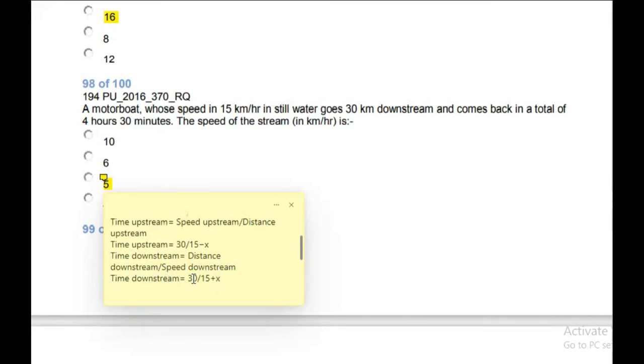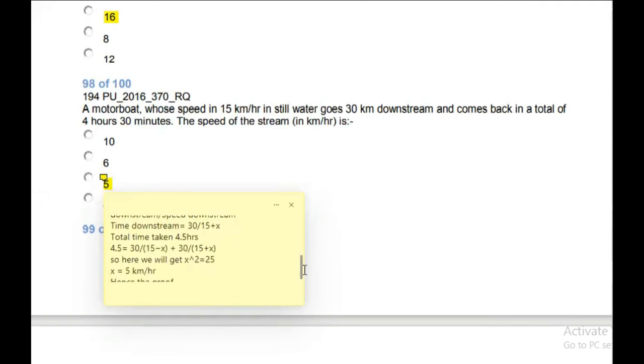Then time of downstream is equal to 30 kilometer divided by the speed of downstream, 15 plus x, that is 15 in still water plus the speed of the stream.